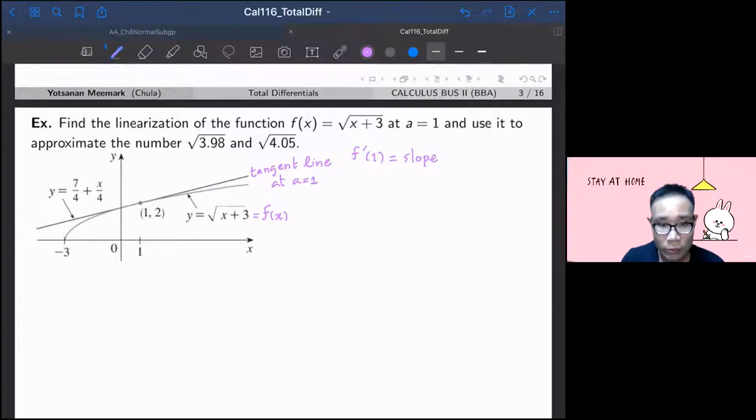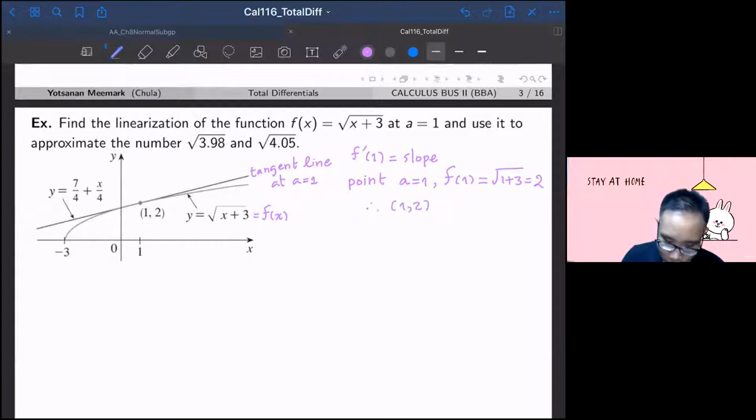And in order to find the tangent line, you need a point. The point is a = 1, and f(1) = square root of 1 + 3 = square root of 4, which equals 2. So the point is (1, 2).